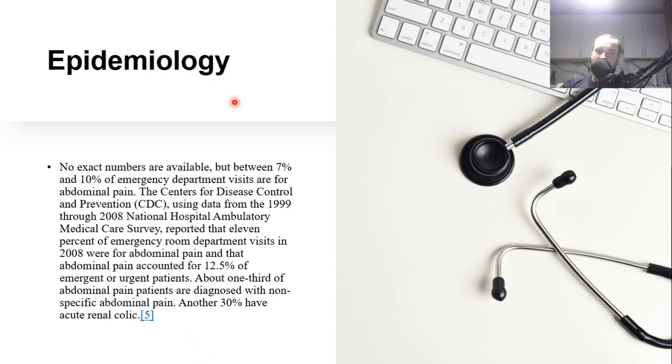The Centers for Disease Control and Prevention, using data from the 1999 through 2008 National Hospital Ambulatory Medical Care Survey, reported that 11% of emergency department visits in 2008 were for abdominal pain, and that abdominal pain accounted for 12% of emergent or urgent patients. About one-third of abdominal pain patients are diagnosed with non-specific abdominal pain. Another 30% have acute renal failure.